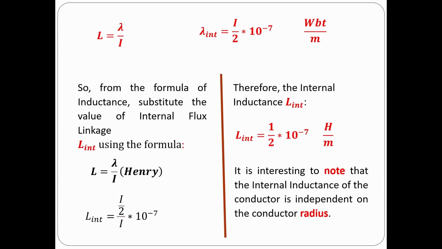So from the formula of inductance, substitute the value of the internal flux linkage. Therefore, the internal inductance is equal to I over 2 over I times 10⁻⁷. The current I will cancel, and therefore the internal inductance is equal to 1/2 times 10⁻⁷ in Henry per meter.